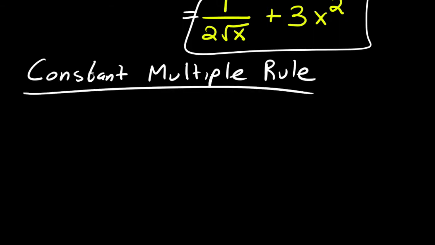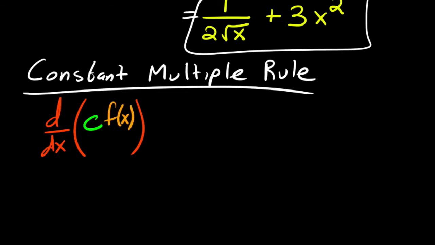And what the constant multiple rule says is that if you're getting the derivative of a function that's made up of a constant times a function, some examples are 3x to the fifth, or 7x squared, or 8 times square root of x. So this is all a constant times a function. This is the constant part, and this is the function.